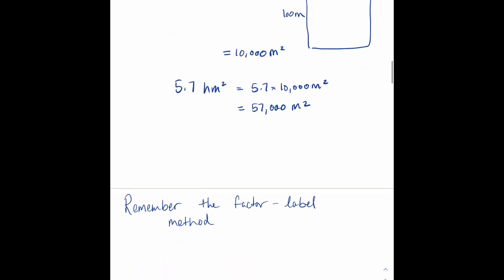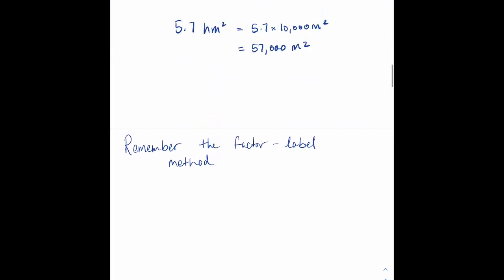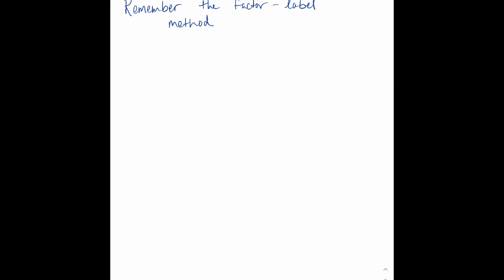Now, if you recall last video, I said that I particularly like this method called the factor label method. And we can still use that here even when we have square meters. So let me do the same question using the factor label method. I have 5.7 square hectometers. And I know that 1 hectometer is 100 meters.